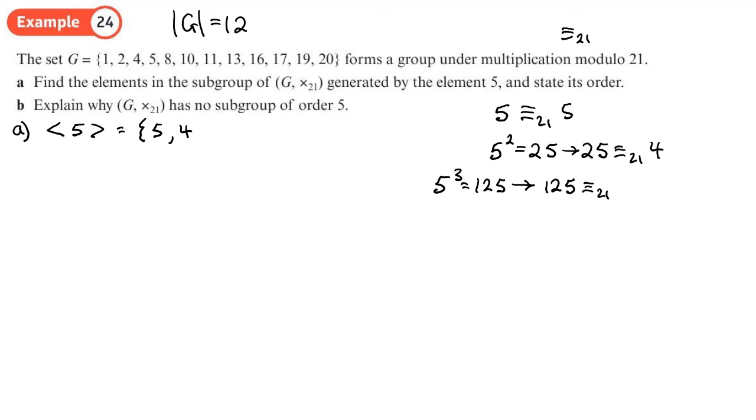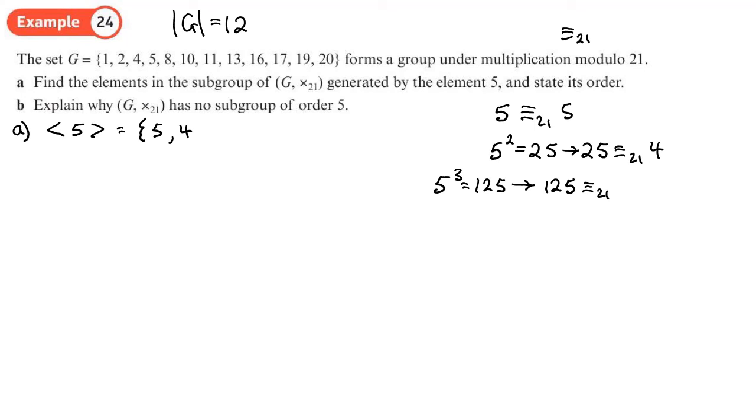So what's 125 in modulo 21? Well, let's have a look. 125 divided by 21 gives me 5 point something. So let's try 5 times 21. That's 105.